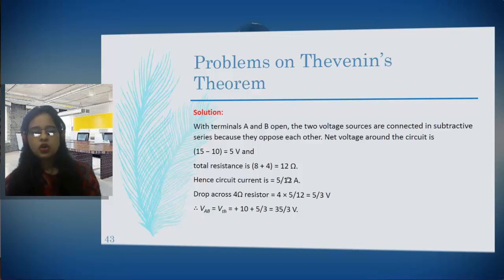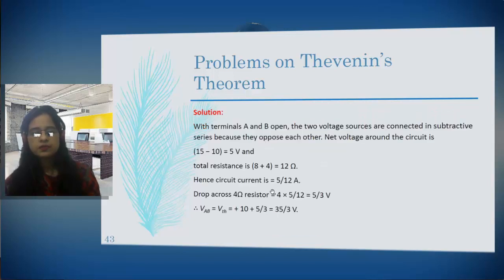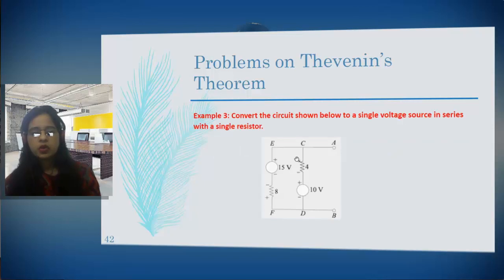Now the drop occurring across this will be I, whatever is the current, into the resistance 4, 5 by 12 into 4, right? Because this whole thing is connected in series, whatever current is flowing here will be flowing here as well, because no current is going towards this as it is open.